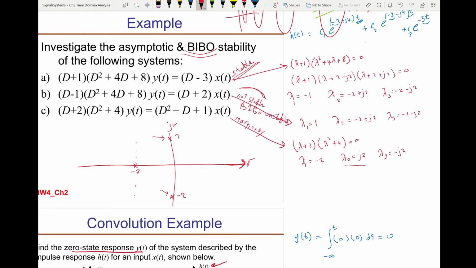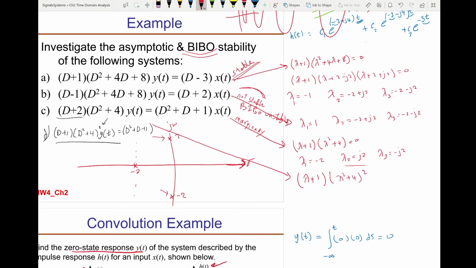Now let me give you another one here, D. If I give you this system, now if I find the characteristic root of this system, it will be lambda plus 1 times lambda square plus 4 squared.